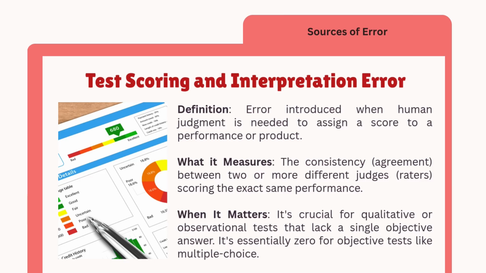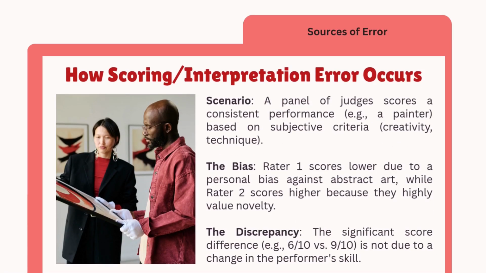So how does this happen? Let's go over another behavioral example. So this unreliability happens again when the scoring guidelines aren't perfectly clear, which allows for personal biases or varying interpretations to creep in and affect the score. So let's have a scenario. Imagine a panel of judges scoring dancers in a competition.